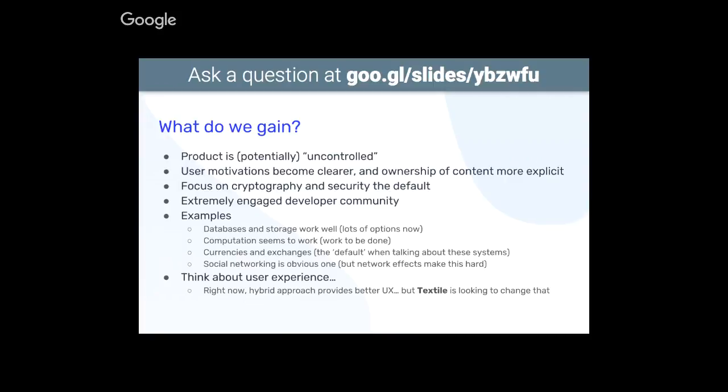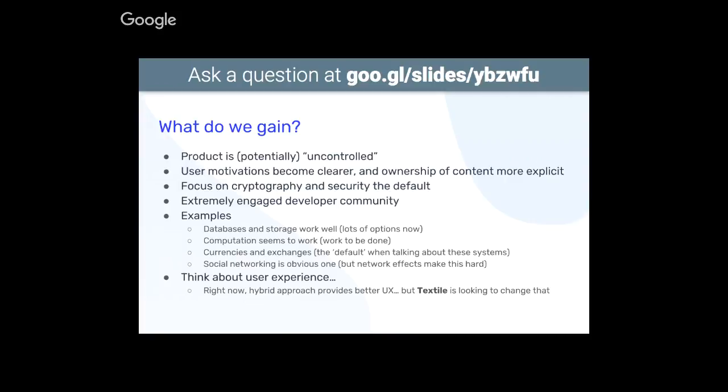Plus, from a developer's point of view, there's a very engaged developer community that I hope, now that you've interacted with us here through Textile Build, you'll start to interact there as well. And there are lots of examples where decentralized works really well. Databases and storage, perfect application.